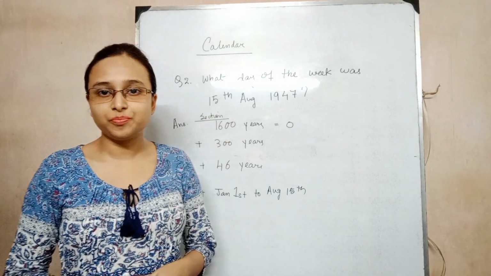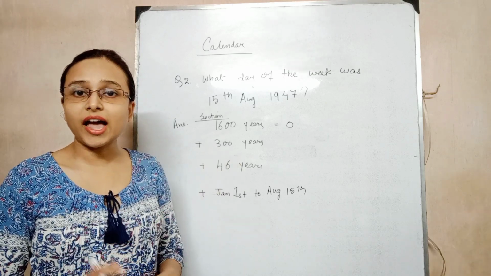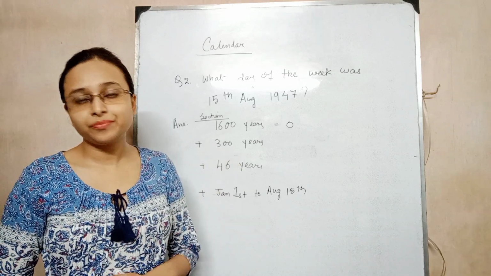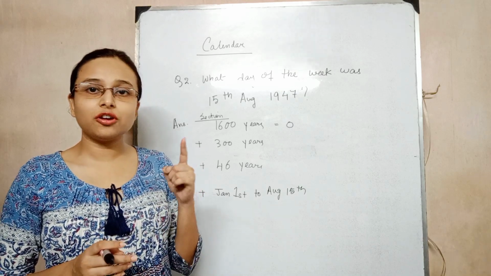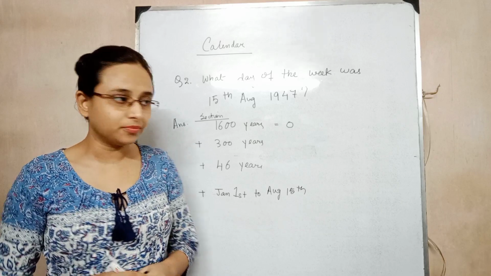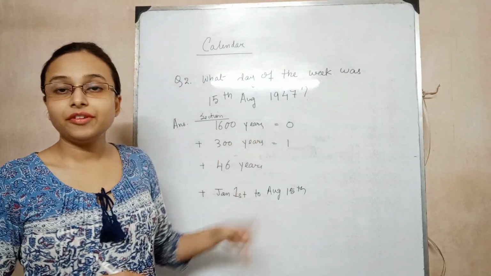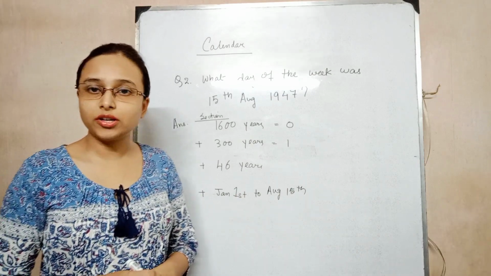In the second section, which is 300 years, this will have 1 odd day. Please refer to the evaluation of odd days in the previous video which I have made for further clarification. So the second section, we found 1 odd day.